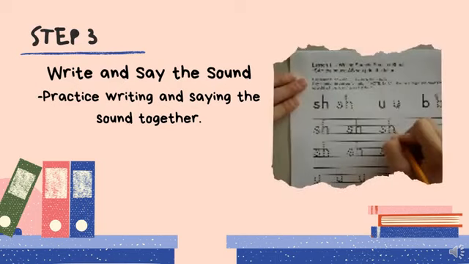Step number 3. Write and say the sound. Practice writing and saying the sounds together. Writing sound uses kinetic, visual, and auditory processes to directly link the printed letter to the sounds. The goal is for the student to automatically know the printed alphabetic character equals sound association of the complete phonemic code.